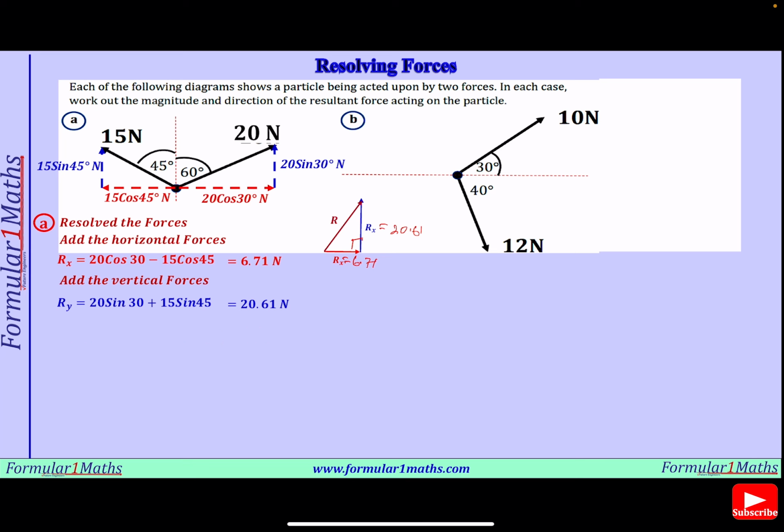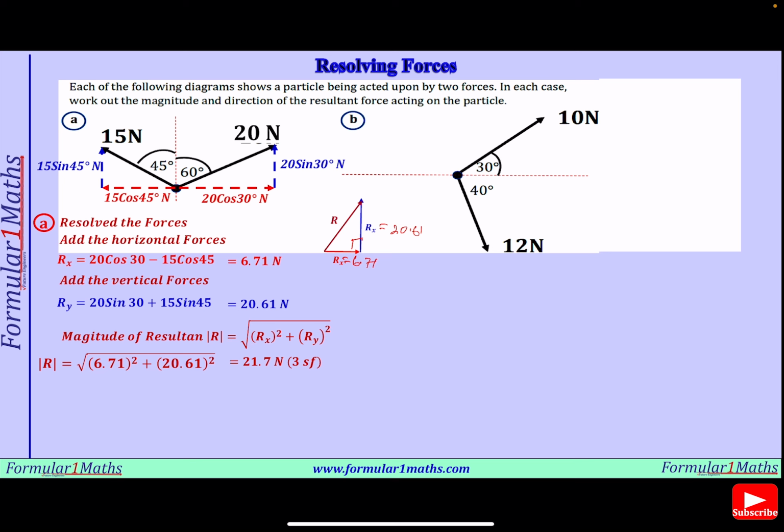So let's go and do that. We get, by the way, this is the symbol for the magnitude of the resultant R. So do your substitution. You get that. Evaluate to get 21.7 Newton. So this is the magnitude of the resultant force.